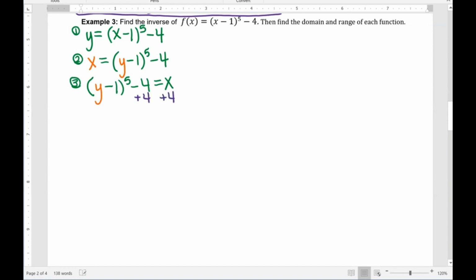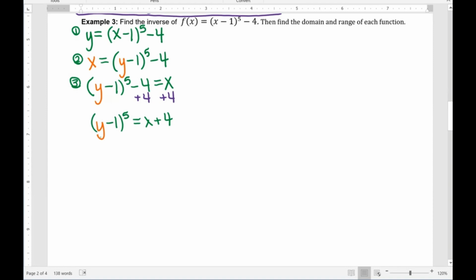Start by moving the 4 to the other side. We have (y minus 1)^5 is equal to x plus 4. We need to get rid of the exponent of 5.